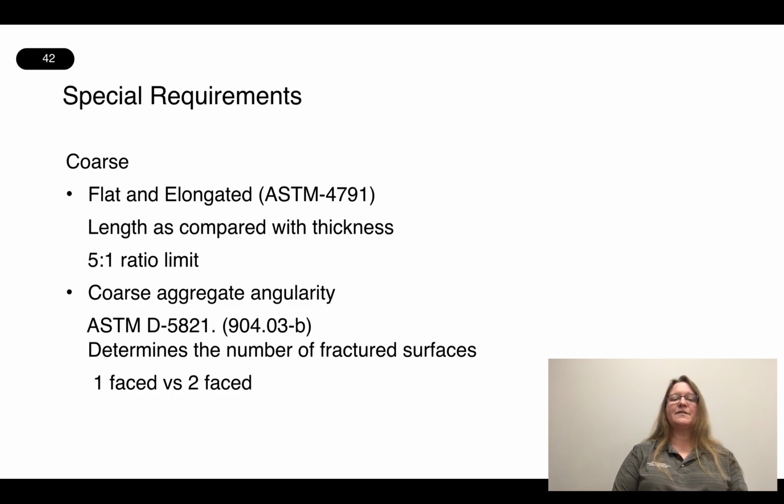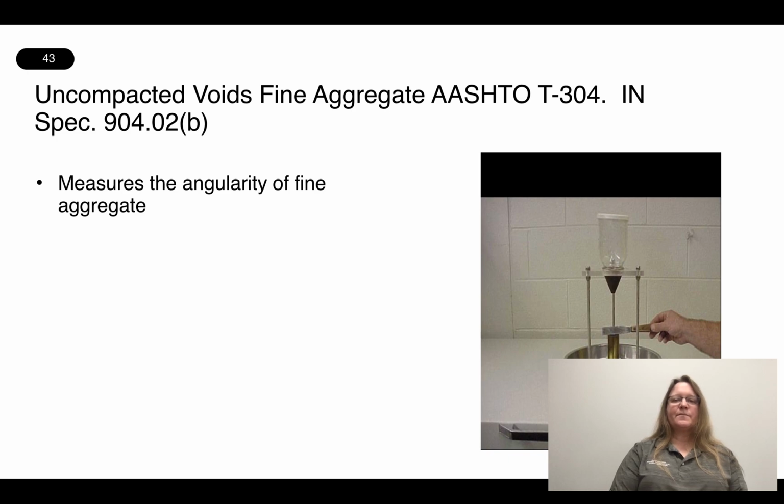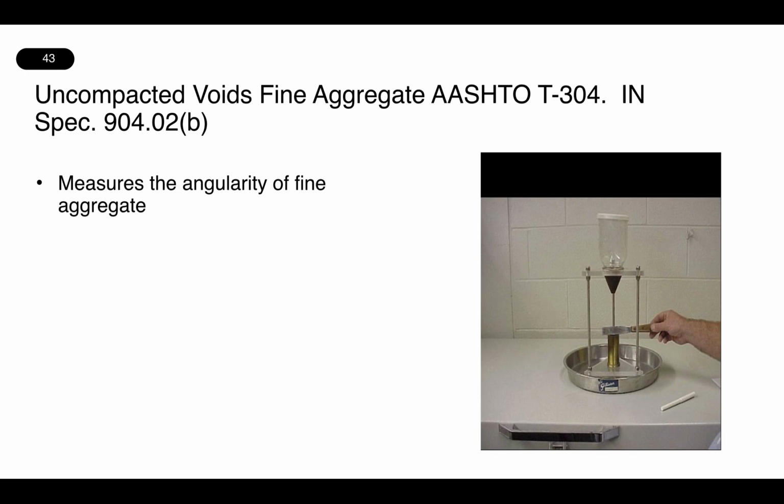That test method is how you determine the number of fractured surfaces, one-face crush versus two-face crush. And what this test method is showing here is uncompacted voids in fine aggregate, AASHTO T304. This test measures the angularity of fine aggregate.